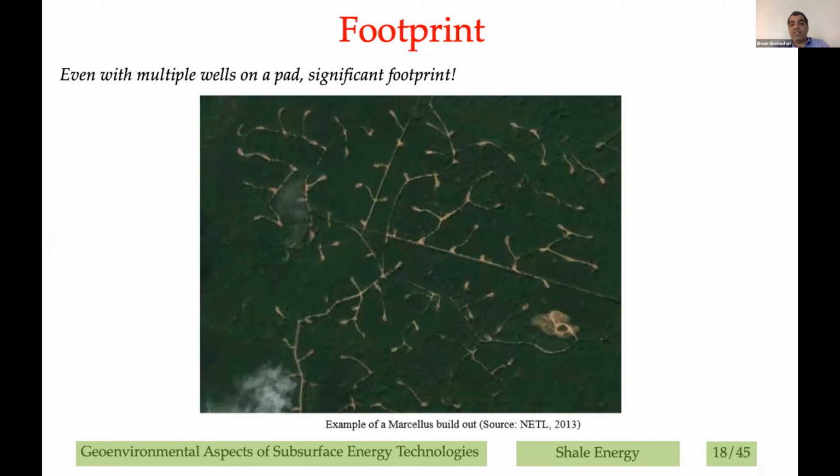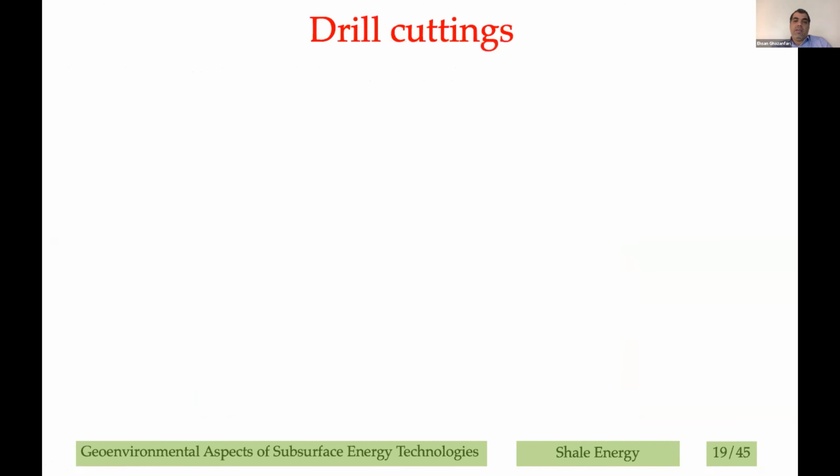Now, I mentioned earlier that using multiple wells on a single well pad, multiple lateral wells, reduces the environmental footprint, but still you can see in that aerial photo that even doing that, you can see a significant disruption to the environment.